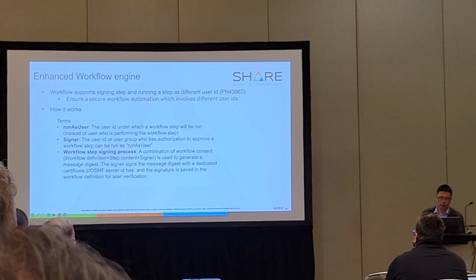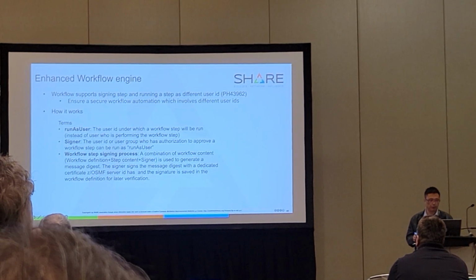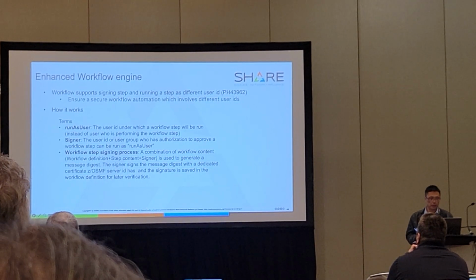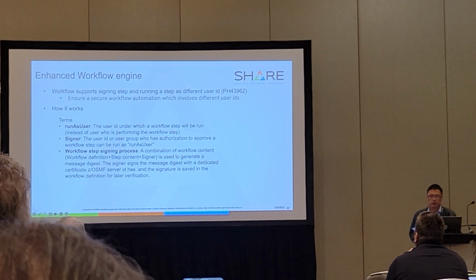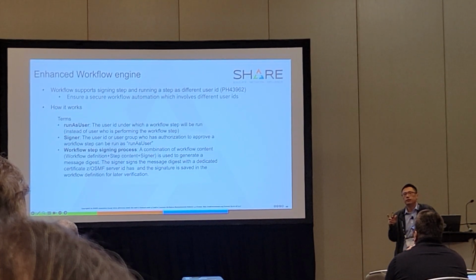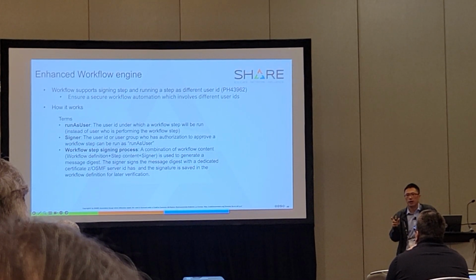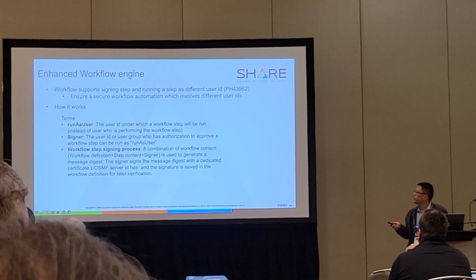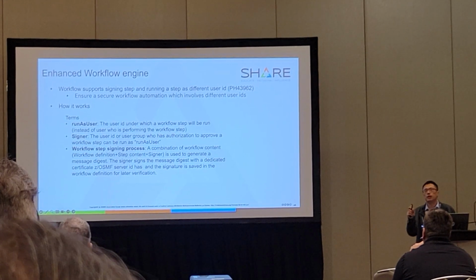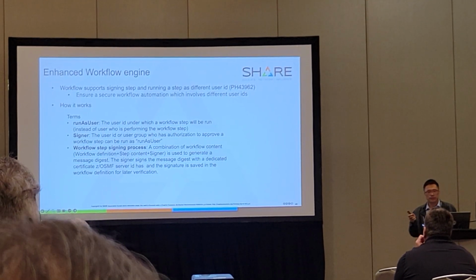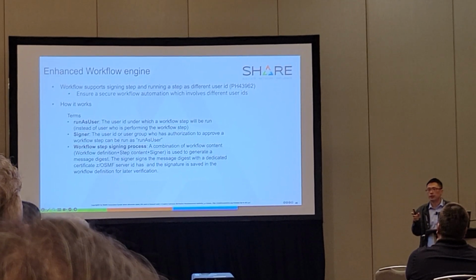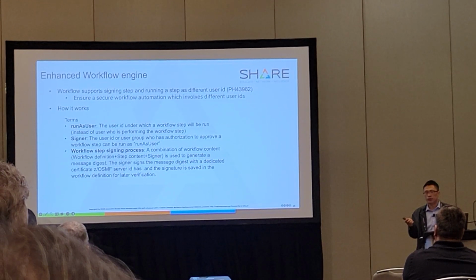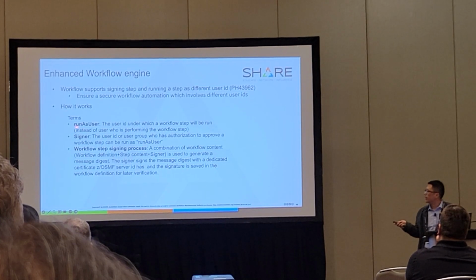So firstly, let's check out some terminologies before we check out how it works. The first term is run as user. That is the user ID that you run the workflow step under. The second terminology is signer. Signer is the user ID or user group that has the authority to approve which workflow step can be run under the run as user ID.